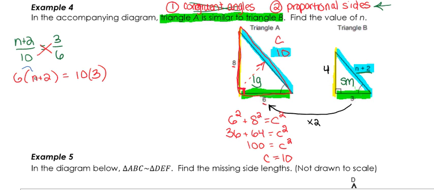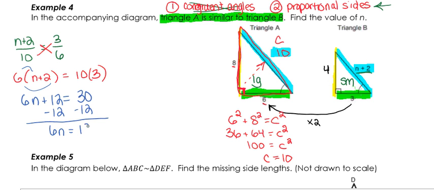On the left side, I'm going to use a little distributive property. And I find that the value of n is equal to 3.